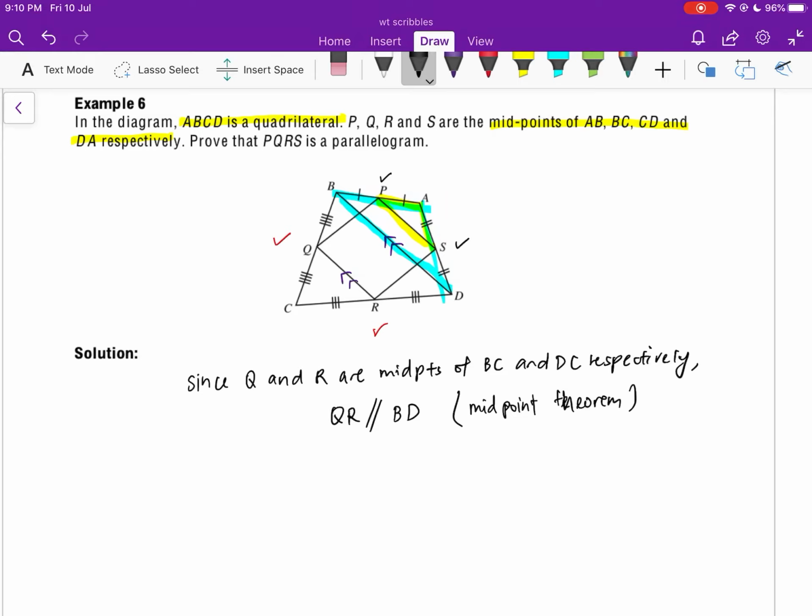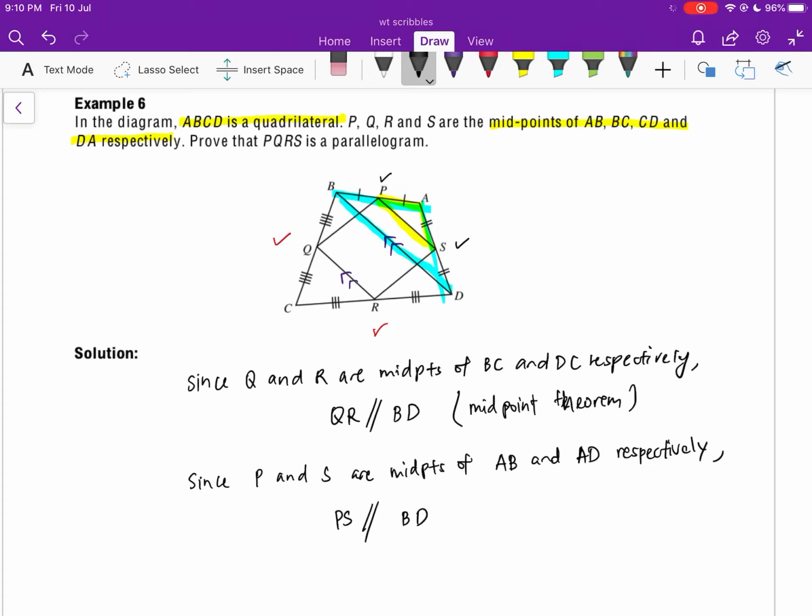We are looking at these two points P and S. Since P and S are midpoints of AB and AD respectively, we can say that PS is parallel to BD.